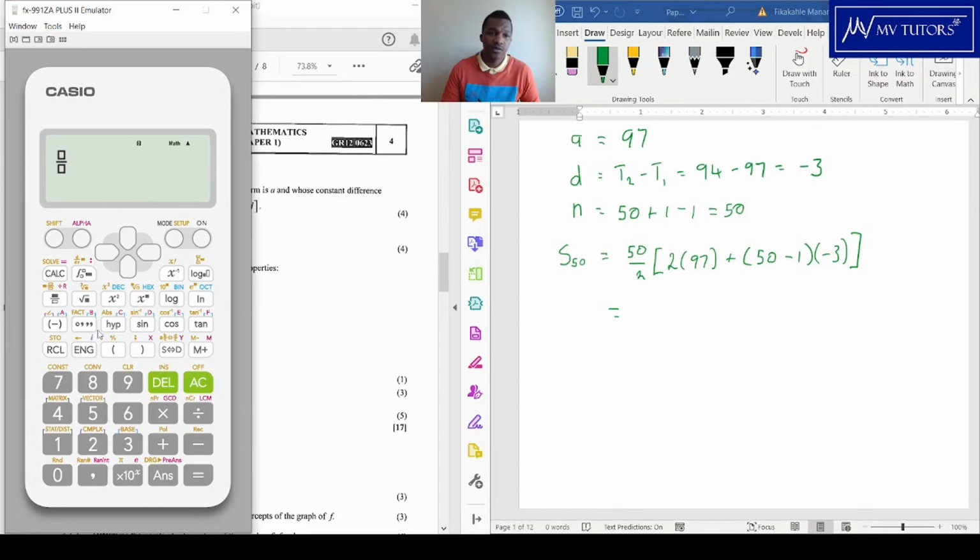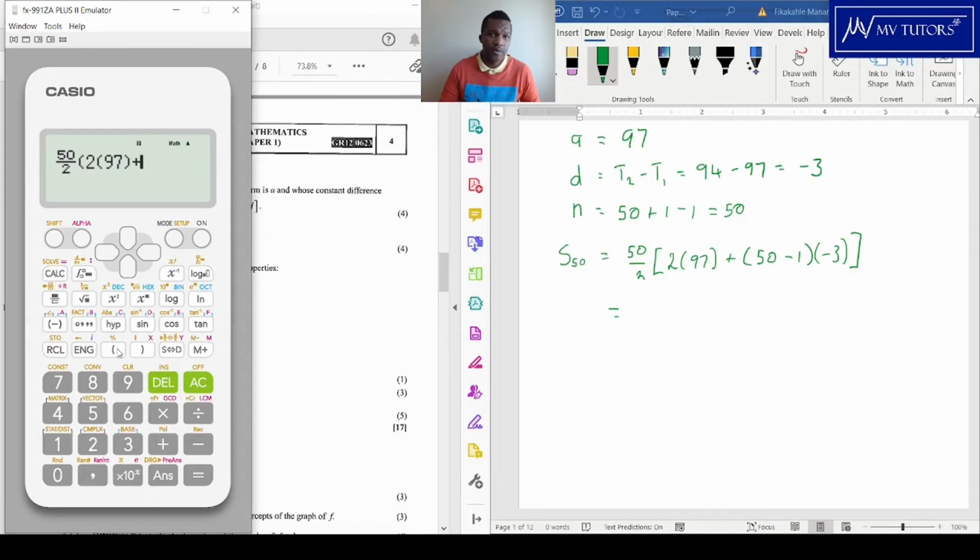So we start out with a fraction. Basically, 50 over 2. On the side, open the big bracket. Open a bracket, 2. Open another bracket, 97. Close it. Remember, we haven't closed the bigger one, the first bracket.